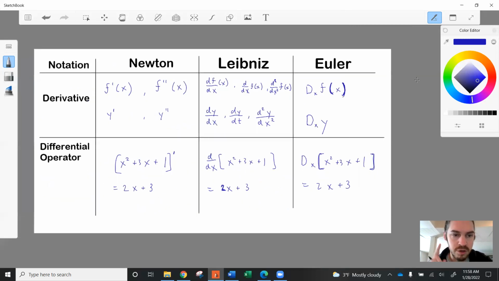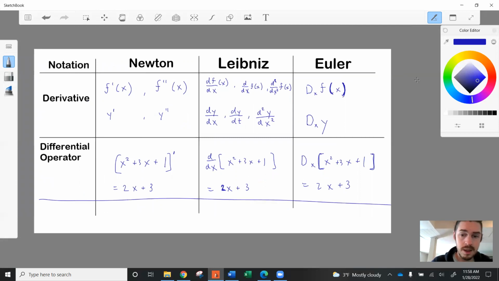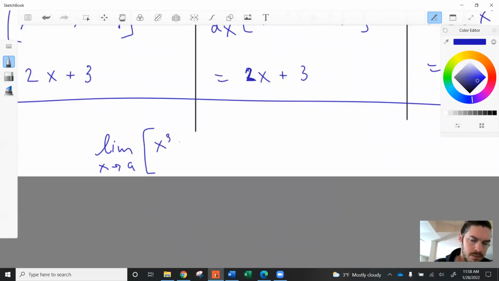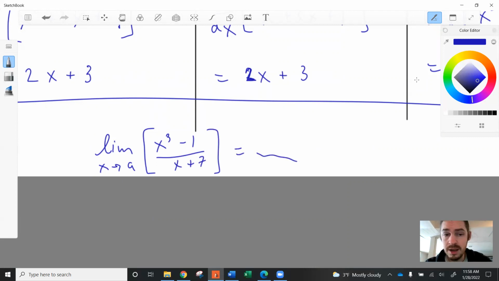You'll notice I've used those square brackets before when doing limit notation, right? Or whatever. The limit is another type of operator. It takes a function as its input and it gives a constant as an output, or maybe a function depending on the context.